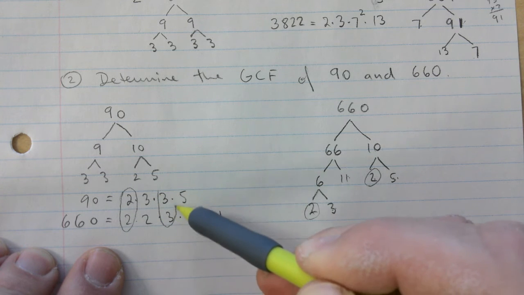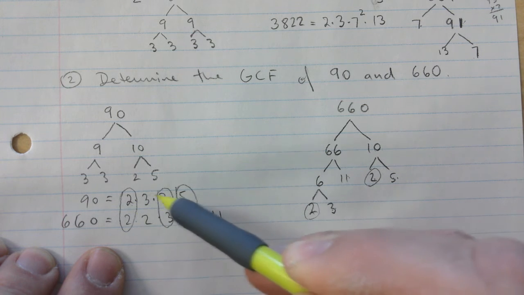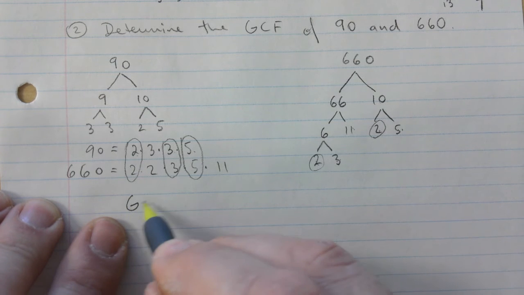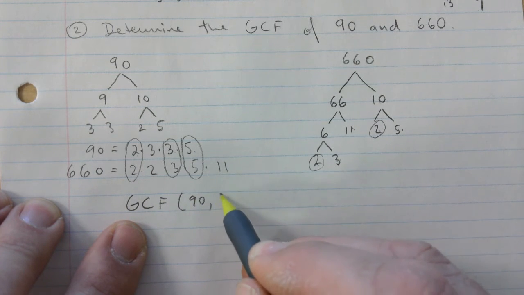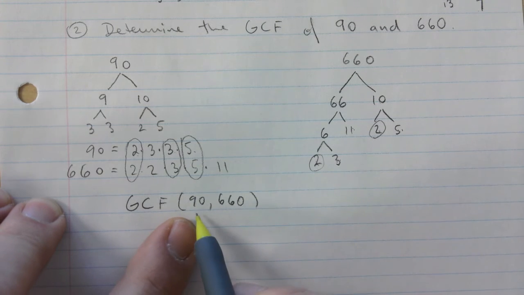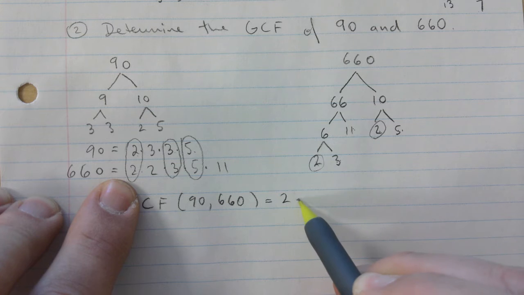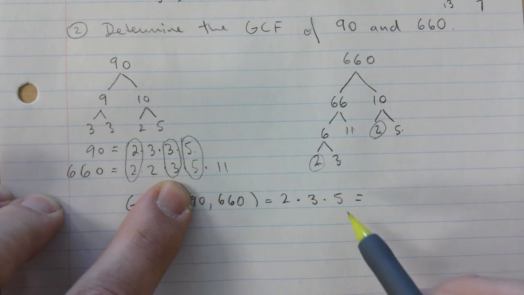There's a 3 and a 3, 5 and a 5. So these are the factors that they share in common. So the GCF, this is the official way of writing it, by the way. GCF of these two numbers is going to be 2 times 3 times 5.